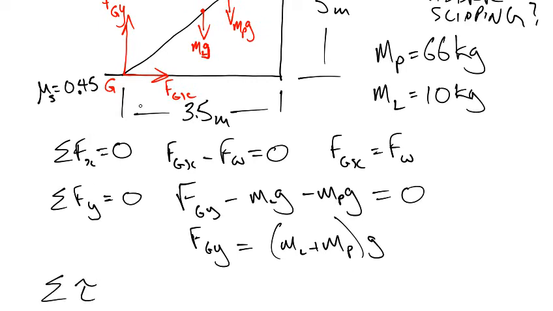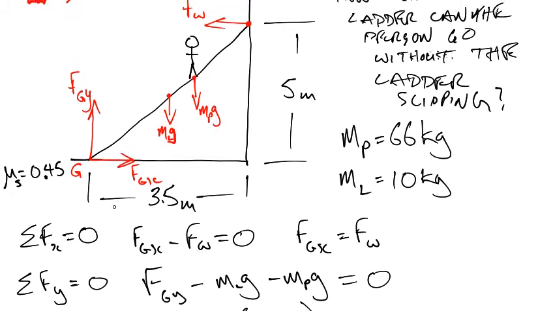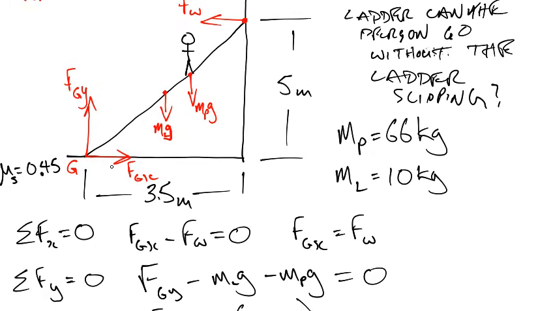Okay? Now, there's one more equation which we can use, summation of the torques. Now we have to decide upon what point we are going to take the summation of the torques about. Personally, it would probably be easiest to take the summation of the torques about this point here at the ground.